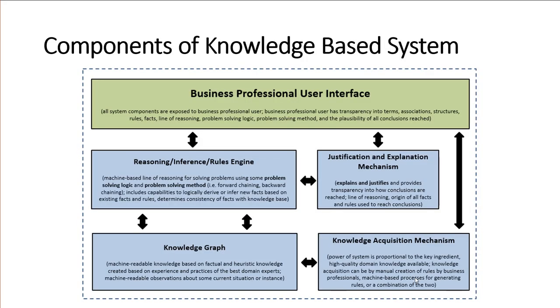And that knowledge graph, you can operate it within a good old-fashioned expert system. So a knowledge-based system or a rules-based system, this graphic is intended to show the components of such a system. And you see the knowledge graph in the lower left-hand corner, and this explains the pieces.